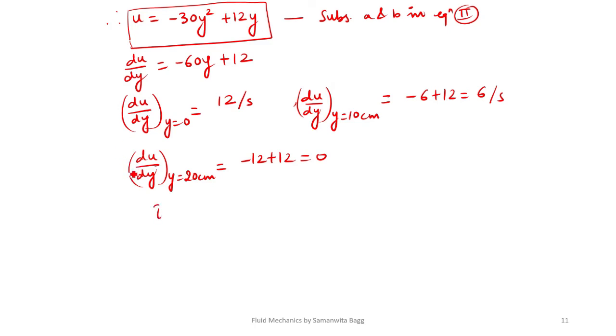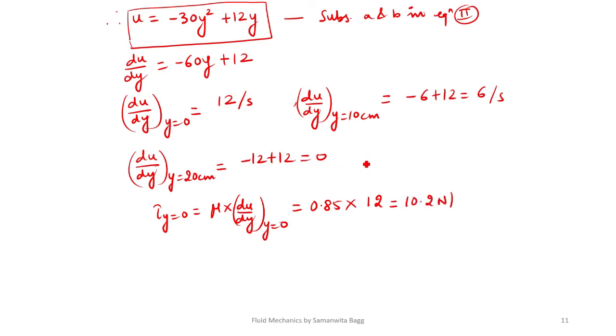Next I need to find tau at y is 0, which will be mu into du by dy at y is 0. Value of mu is 0.85 into 12. This is 10.2 Newton per meter square. Next I'll calculate tau at y is 10 centimeter, which is mu into du by dy, where y is 10 centimeter.